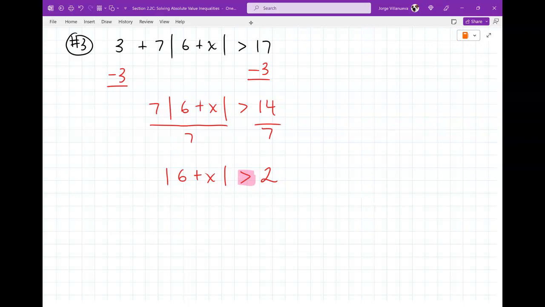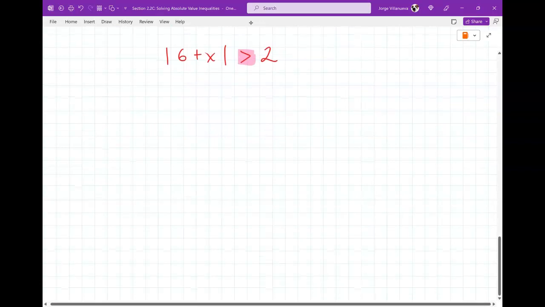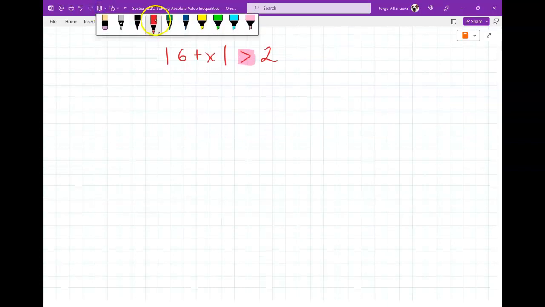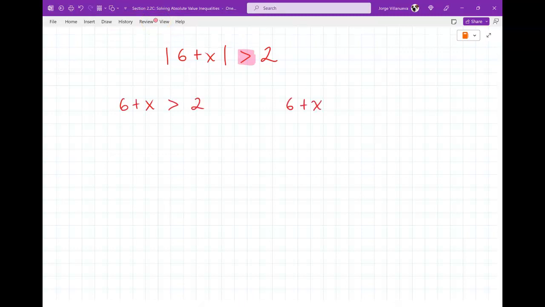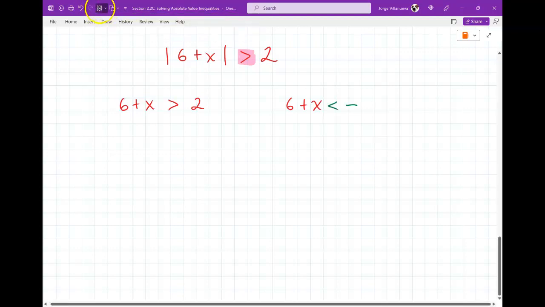So here we go. Let's break this up into 2 pieces. So first piece is 6 plus x greater than 2. The next piece, 6 plus x is less than -2. Yeah, you switch the symbol, you switch the sign, okay?